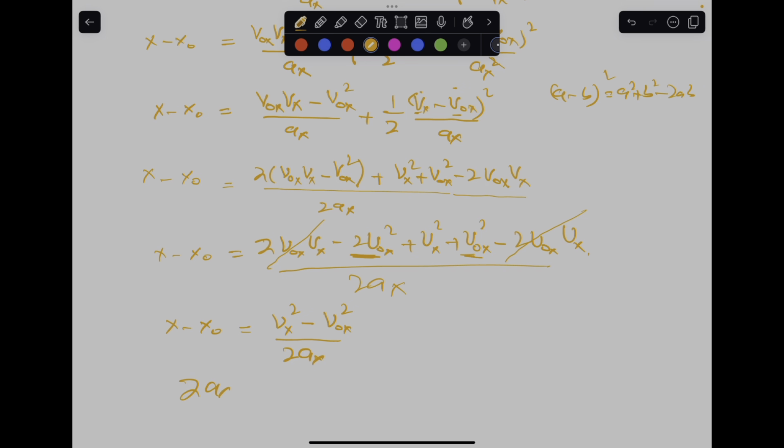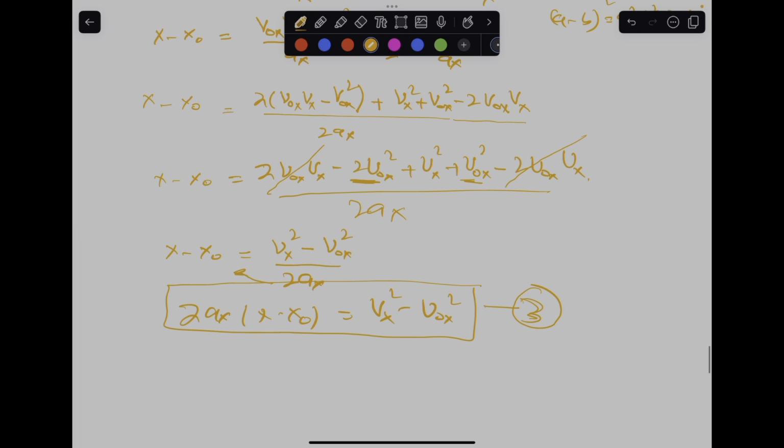So 2ax times x minus x naught is Vx squared minus V naught of x squared, taking this over here or multiplying with both sides. So this is your equation number 3, which is our third equation of motion.